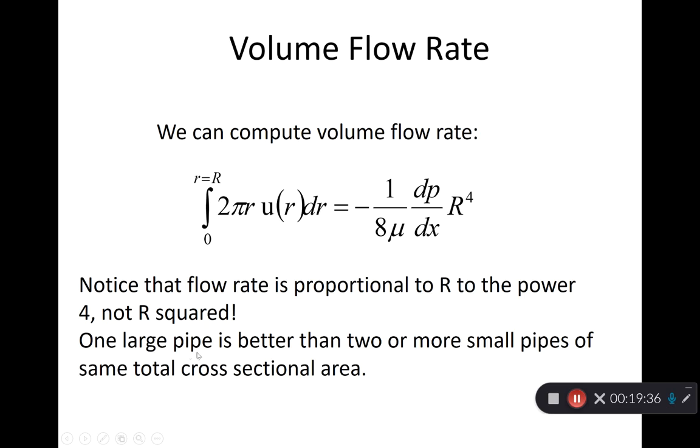So if we have one very large pipe, it's much better because the radius is to the power 4 than two small pipes of the same cross-sectional area. That's why in hydraulics and waterworks, they try to use large pipes to bring the flow very close to where it's needed, like in our neighborhood, before splitting that large pipe flow into smaller pipes that go into the individual houses.